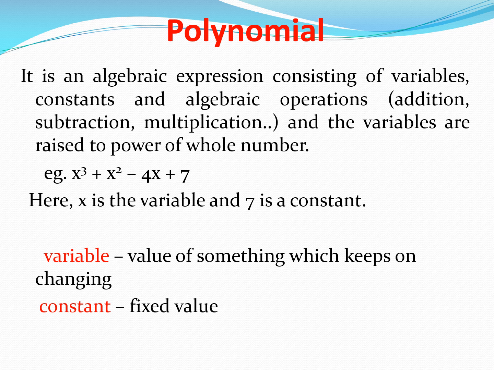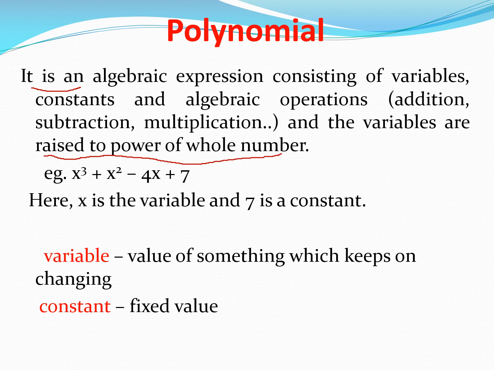It is written, it is an algebraic expression consisting of variables, constants, and algebraic operations like addition, subtraction, and the variables are raised to the power of whole number. That means in case of polynomial, the variable will have a power which is a whole number.